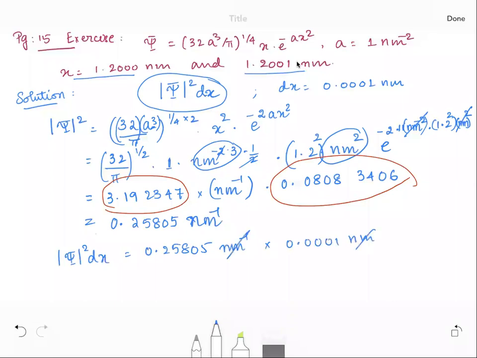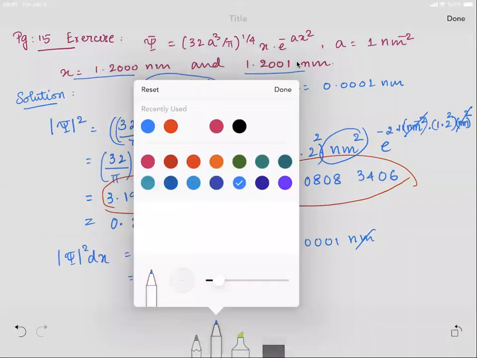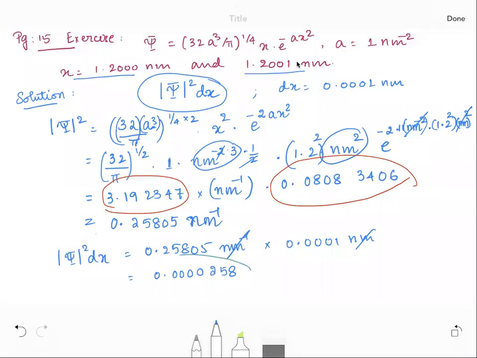So the nanometer unit gets canceled out, and we end up with 0.000258, which is precisely the answer indicated after the exercise.